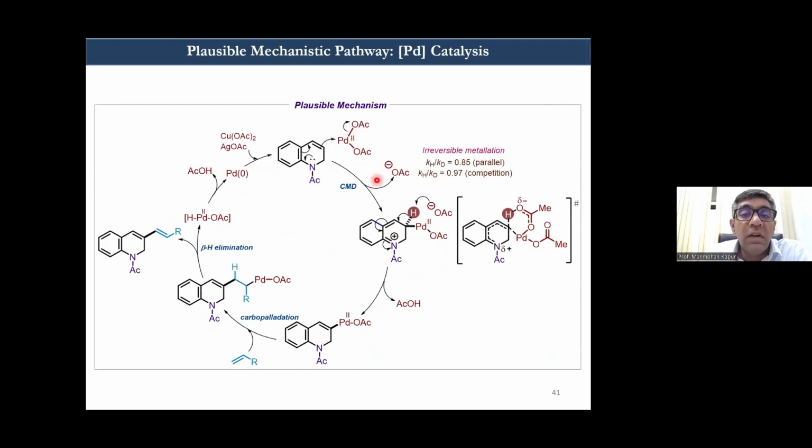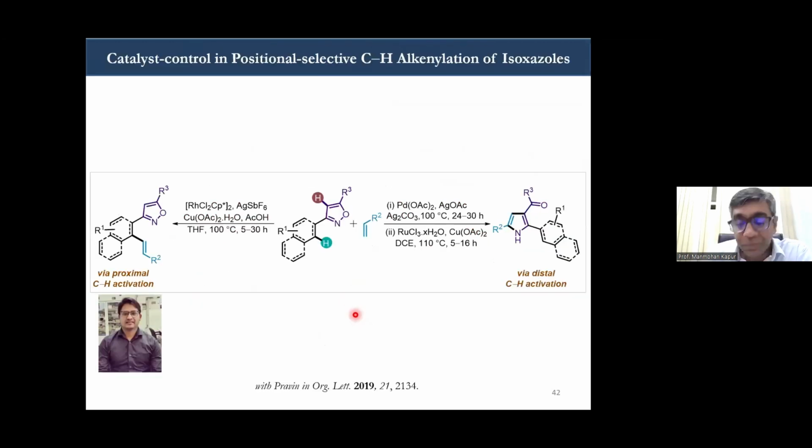Whereas a soft-soft interaction gives you this C3 palladium species, followed by a carbopalladation, beta hydrogen elimination, and regeneration of the catalyst. In this particular case, we found that the kinetic isotope effect was approximately just about 1, indicating that one of these particular steps may be rate limiting.